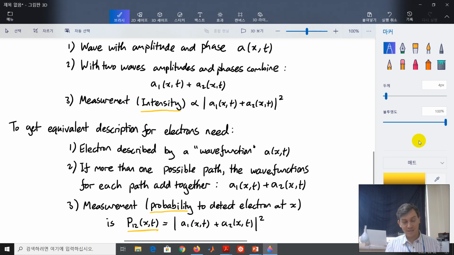But in order to see that, you have to repeat the experiment many times. Okay. And the same thing is true here. For one electron, the quantum description, these wave functions, only tell you the probability of where the electron is going to hit. It can't tell you exactly where. And to see this probability distribution, you have to repeat the experiment many times with many electrons. Okay.